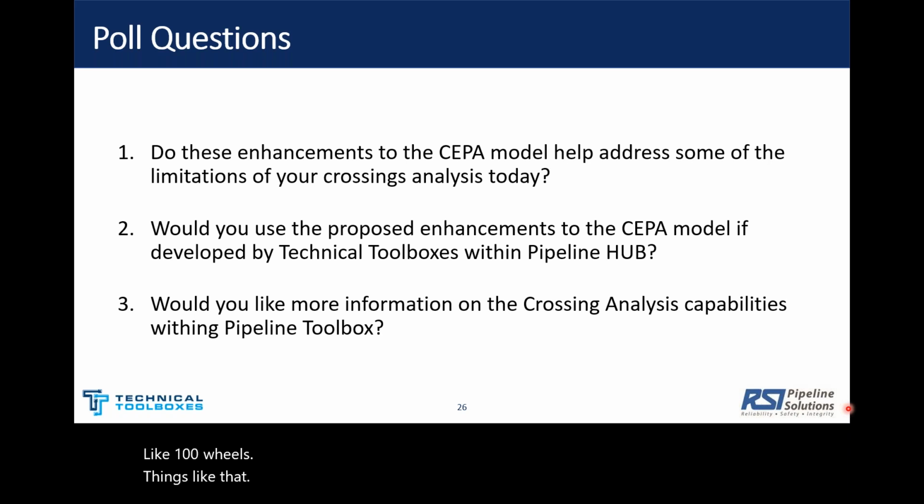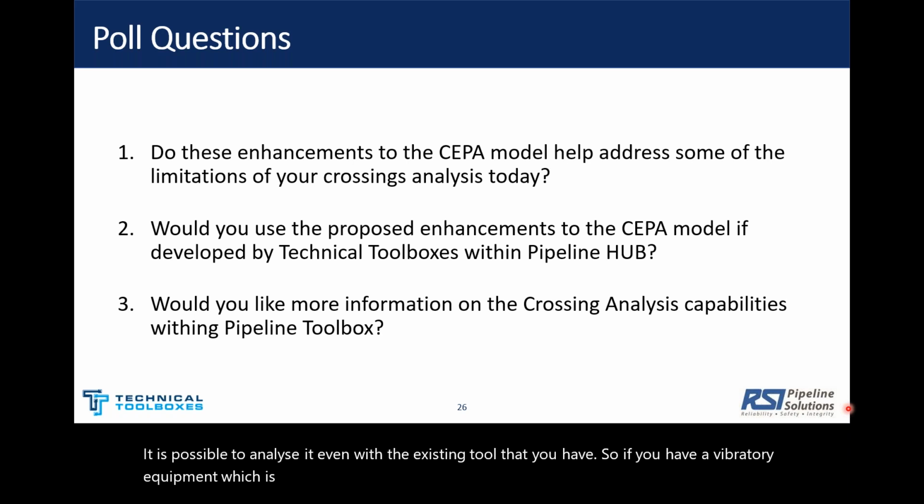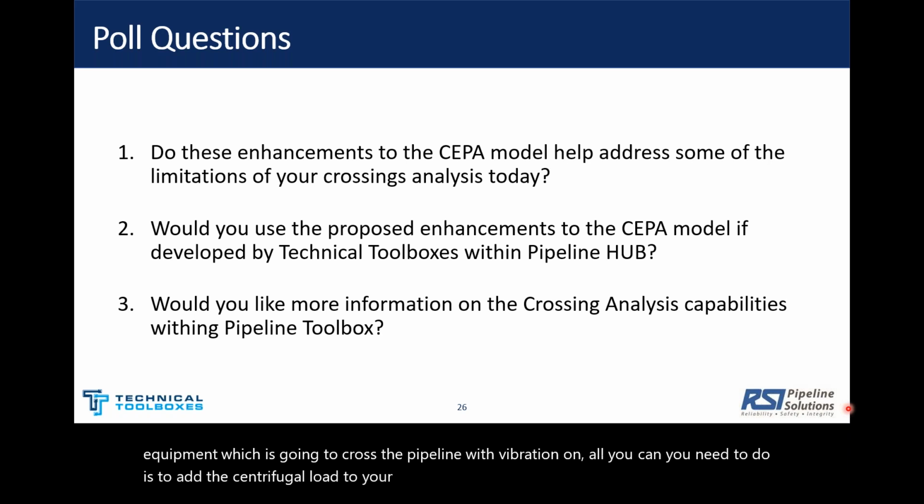Okay. Any plans to include compaction roller equipment that utilizes vibratory compaction within the drums? It is possible to analyze it even with the existing tool that you have. So if you have a vibratory equipment which is going to cross the pipeline with vibration on, all you need to do is to add the centrifugal load to your drum weight.